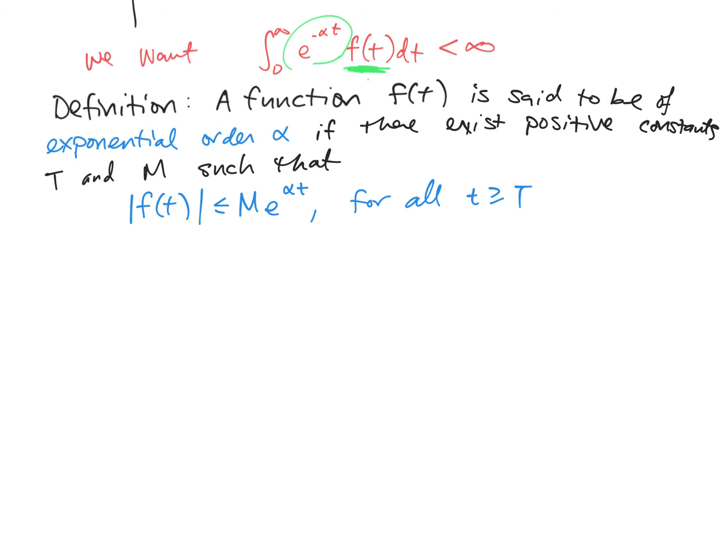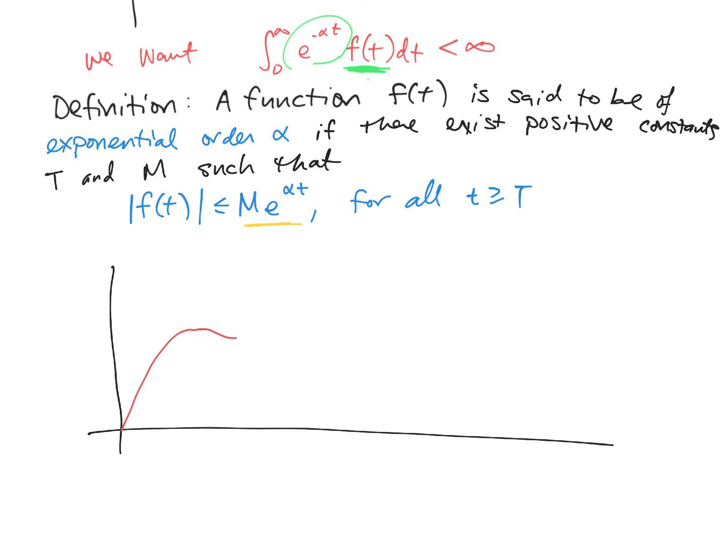So here's our definition. A function f is of exponential order alpha if there is some t and some m where f in absolute value is less than m times this exponential function. The crucial thing about this is that it doesn't matter what's happening for a while. You might have some function where anything is happening; we're not even saying that it's piecewise continuous.